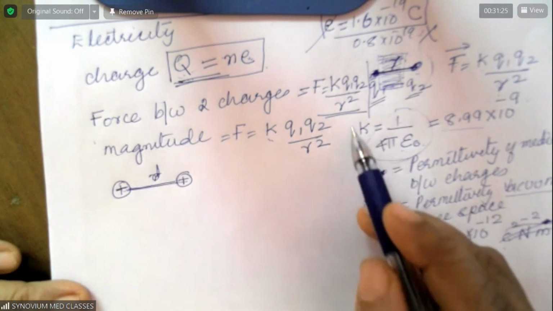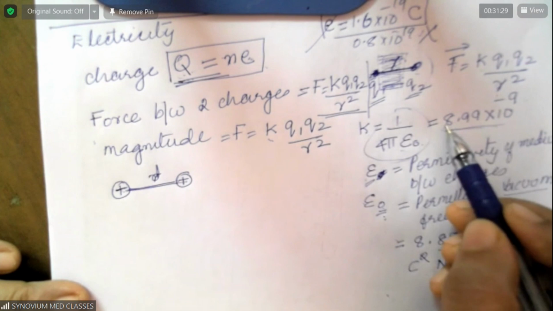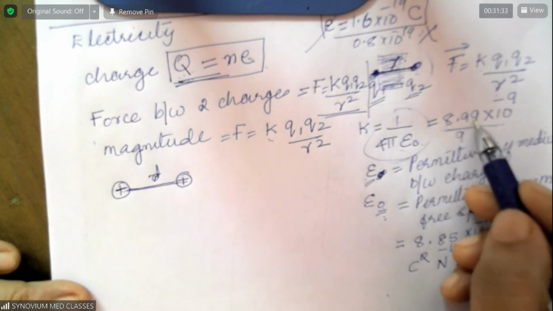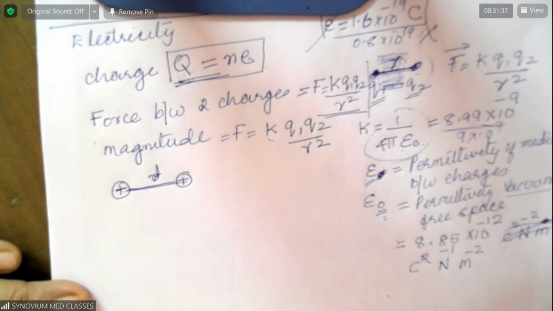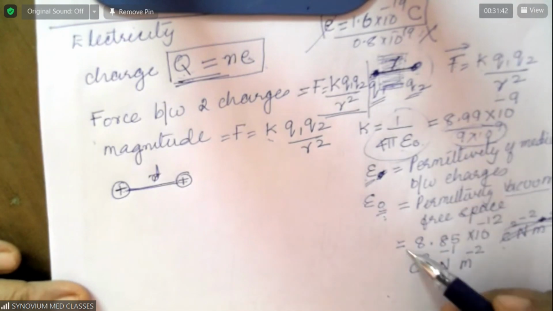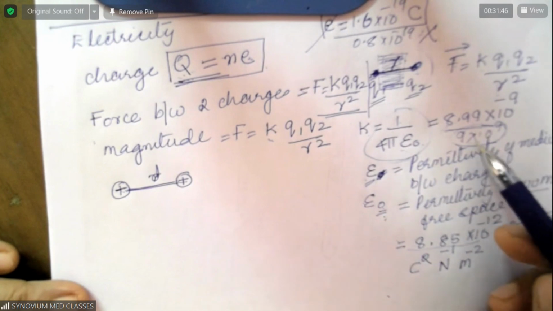So this is important. You can easily remember this number. This can be approximated to 9, so 9 into 10 to the power of minus 9. Easy to remember. This value you often have to use; the other value we rarely need. And what is the unit of this?